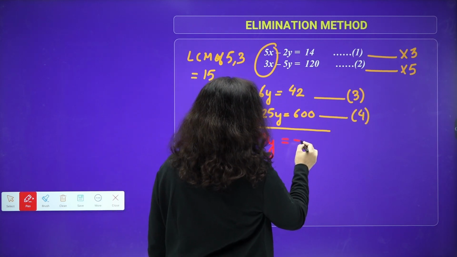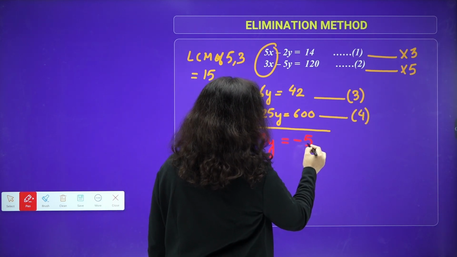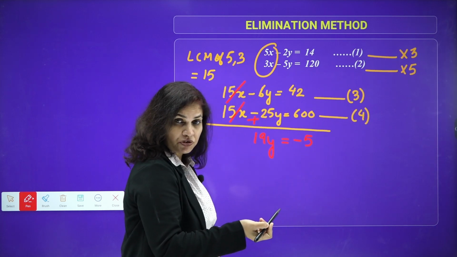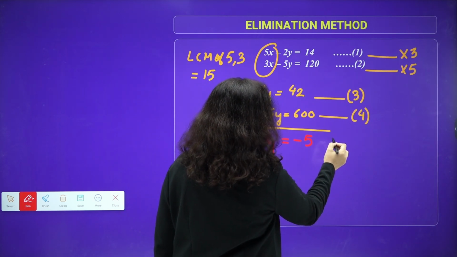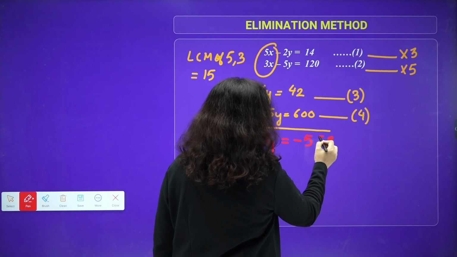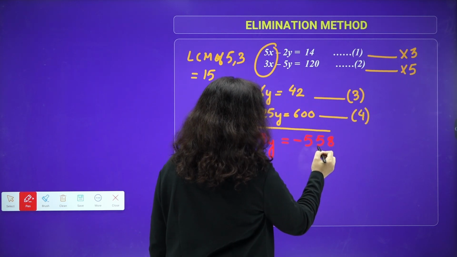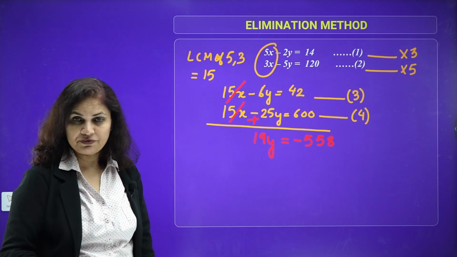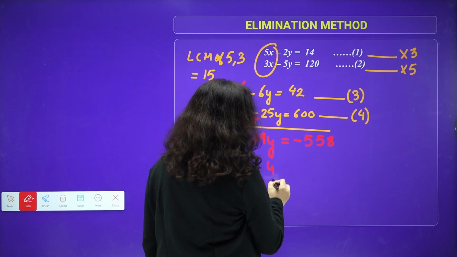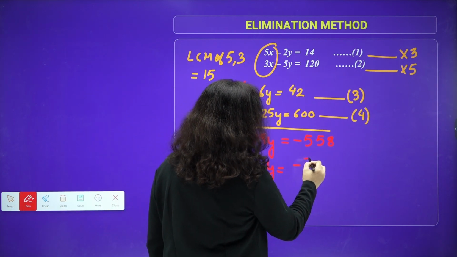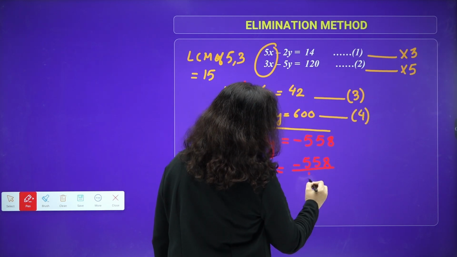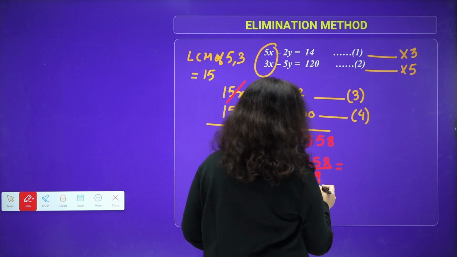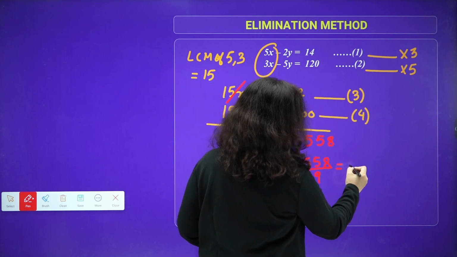So it will be minus 558, whereby y will be equal to minus 558 upon 19.